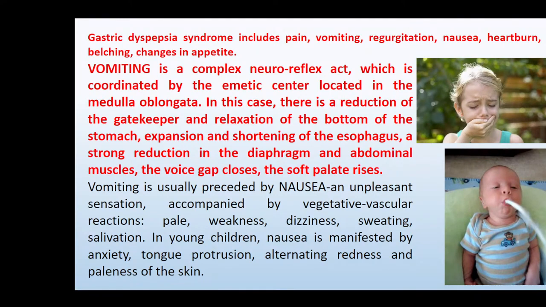In this case, there is a contraction of the pylorus and relaxation of the bottom of the stomach, expansion and shortening of the esophagus, and strong contraction of the diaphragm and abdominal muscles. The vocal gap closes and the soft palate rises.